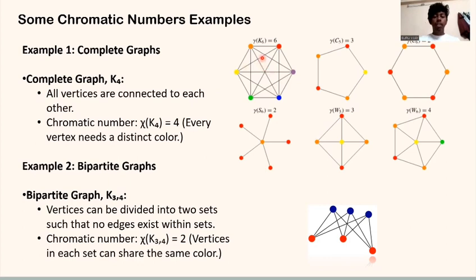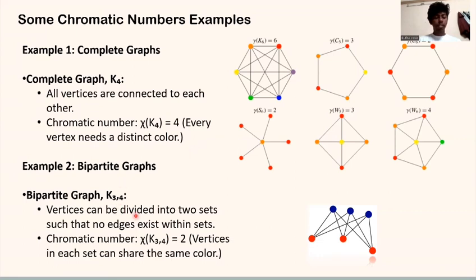In this graph, there are 6 vertices, so the chromatic number will be 6. If a complete graph has 4 vertices, then the chromatic number is 4. There is no need of assigning colors and checking the rules of graph coloring. Just by seeing the graphs, we can say the chromatic numbers.